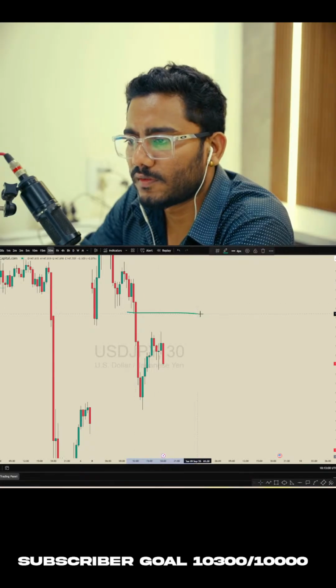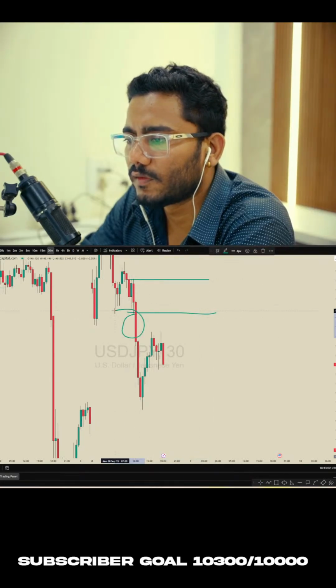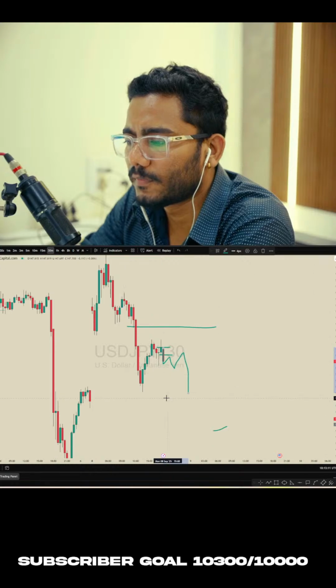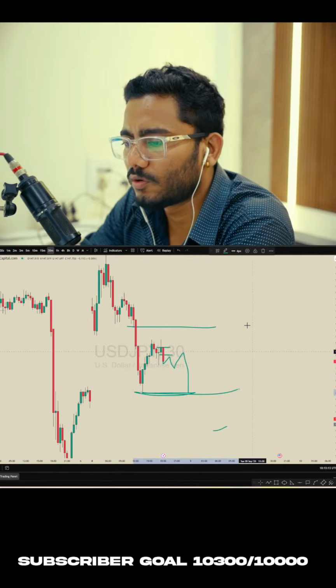Instead of looking at this area for sell, price has already taken out the liquidity here. So you can use this order block to look for a sell side entry. The price will take this low out.